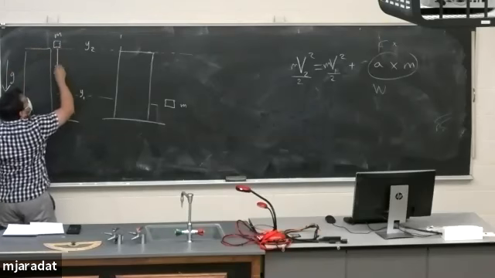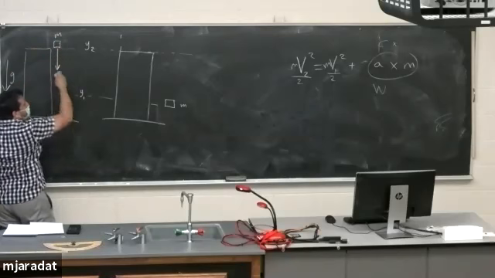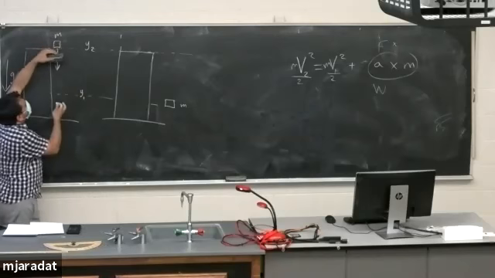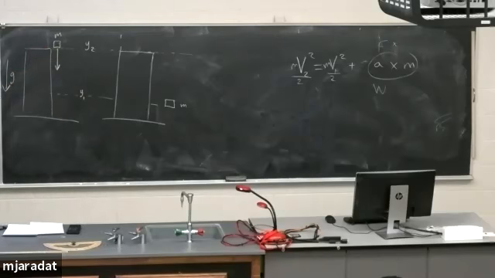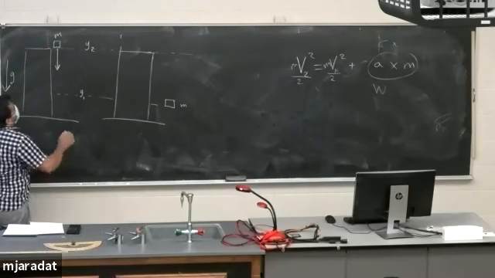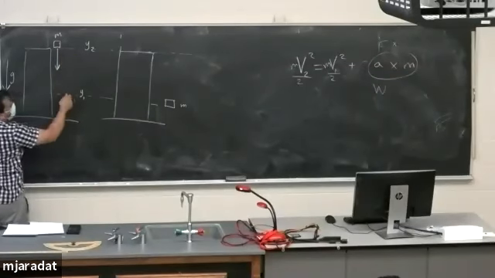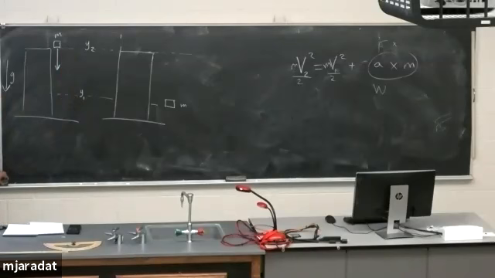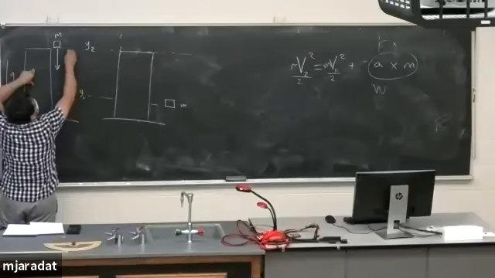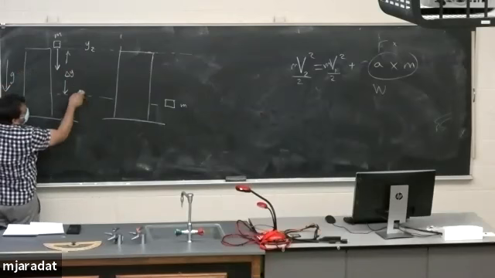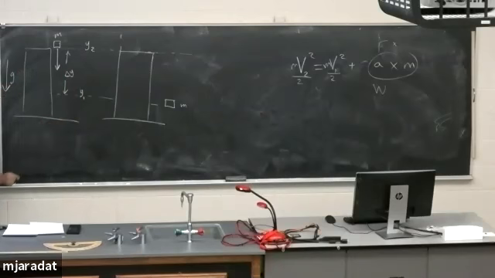So this work is done by gravity to move the object, because the mass is here, we lift it to move, then it has now a kinetic energy. If the mass moved from y2 to y1, this is delta y, which is y1 minus y2 in this case.